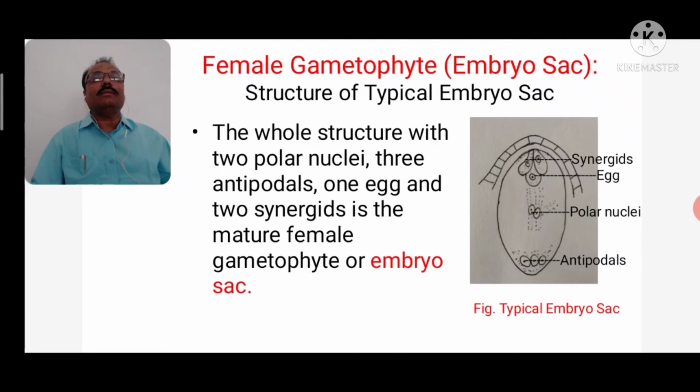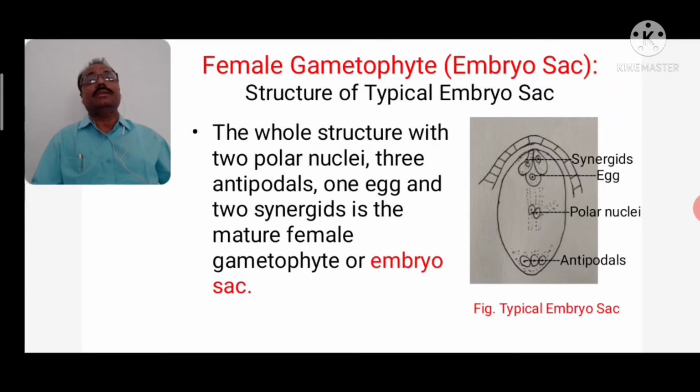As the functional megaspore grows, many small vacuoles appear in its cytoplasm, which later join together to form a large vacuole. The nucleus undergoes 3 mitotic divisions and forms 8 nuclei.